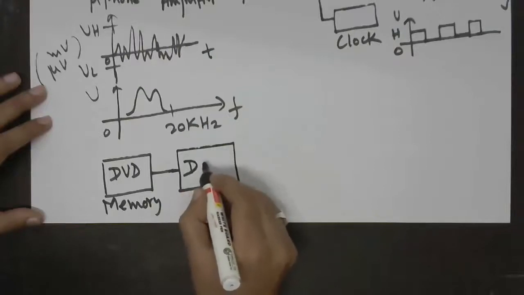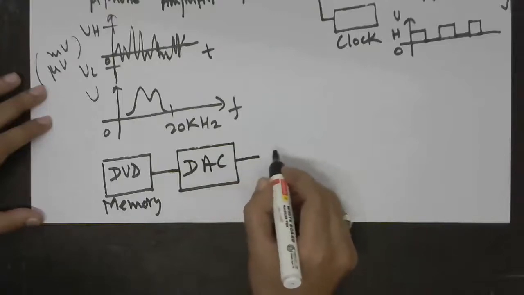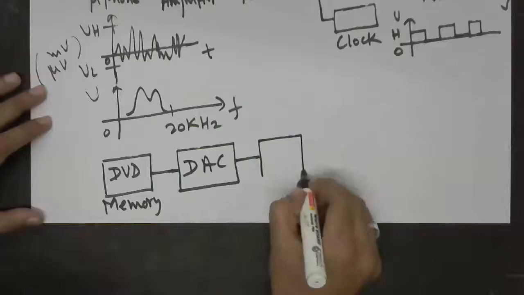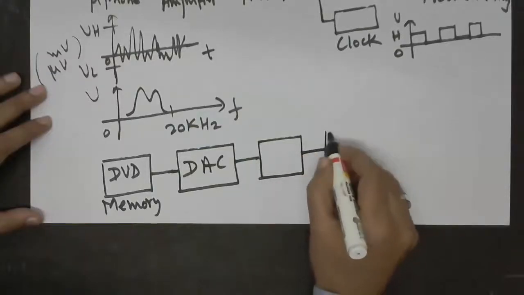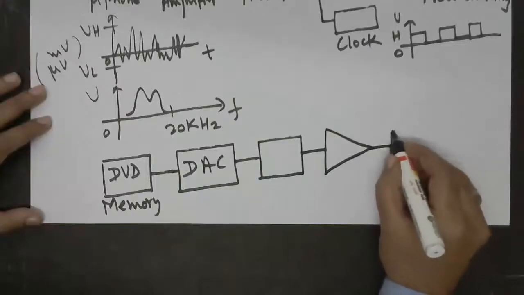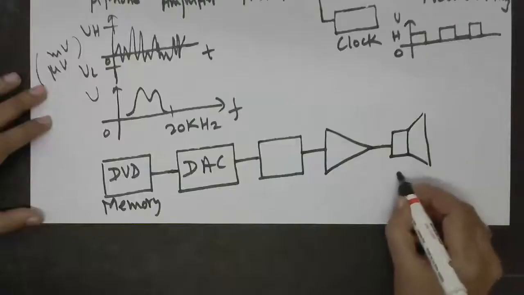So there is a DAC, and then there could be again filter, then amplifier, and then finally speaker.